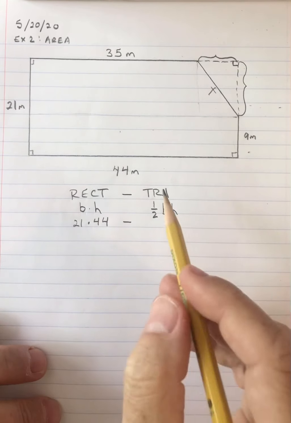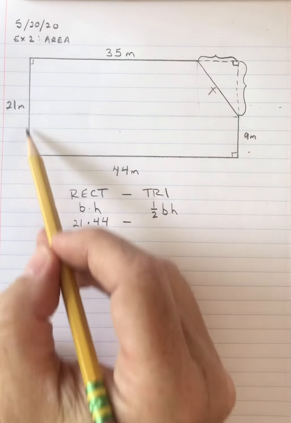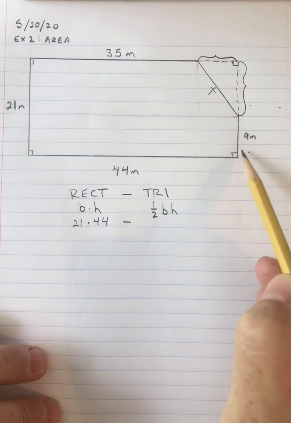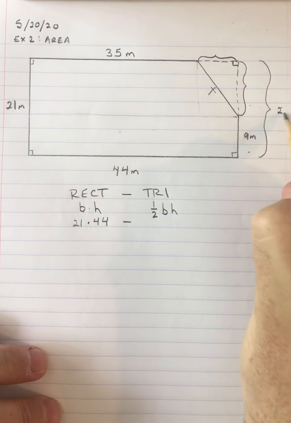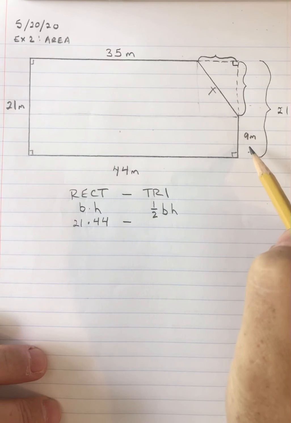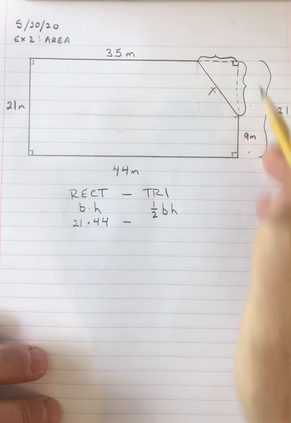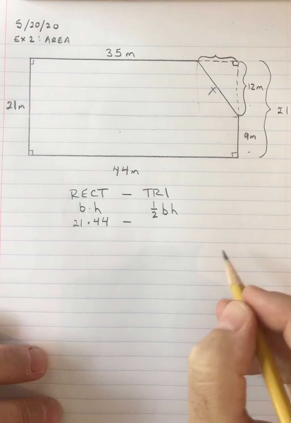Okay, let's see how we can get those. I know that this is 21, so this whole side has to be 21. In other words, from here to here must be 21. So this in here must be 21 minus 9. It's like I took this and I cut off the 9. So 21 minus 9 is 12 meters.